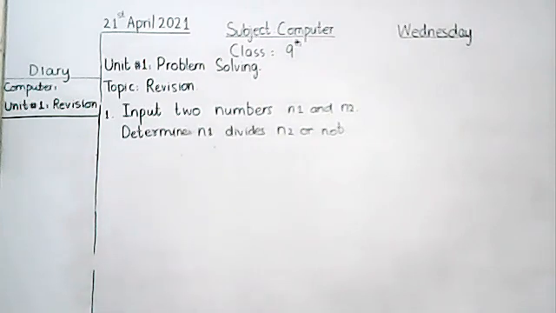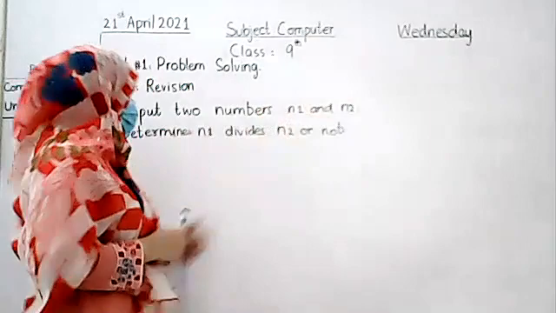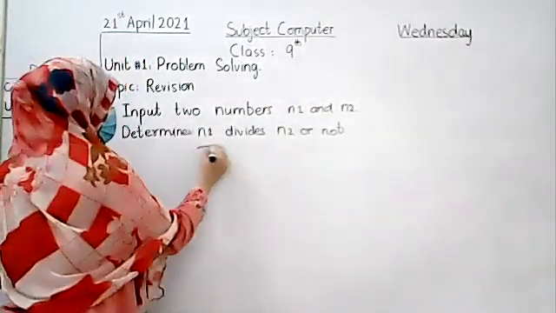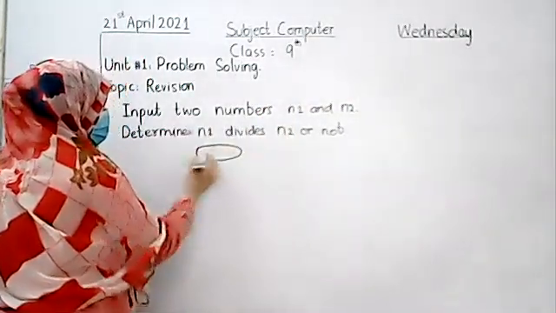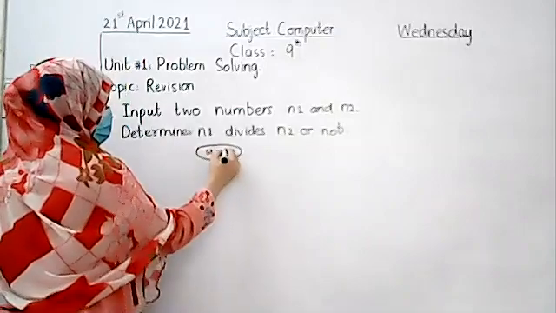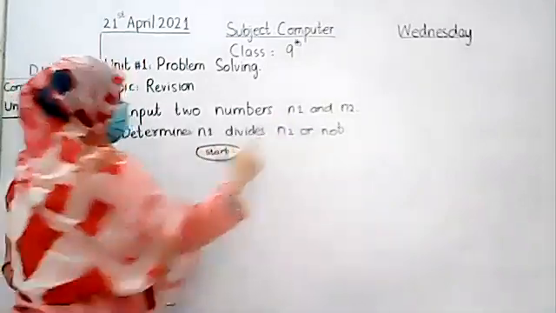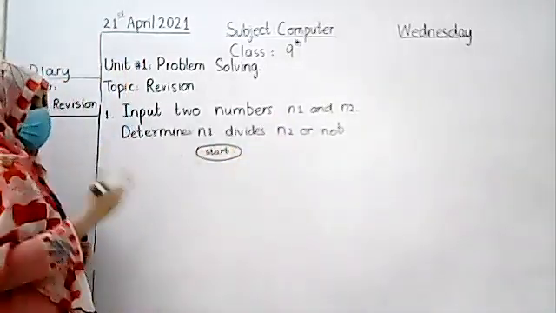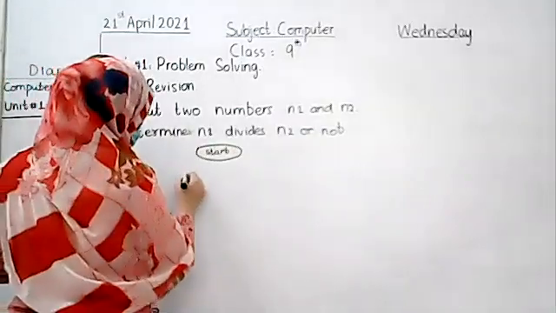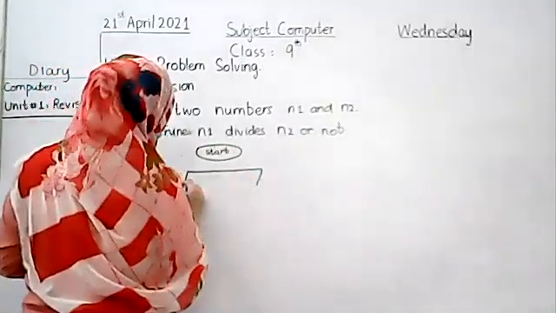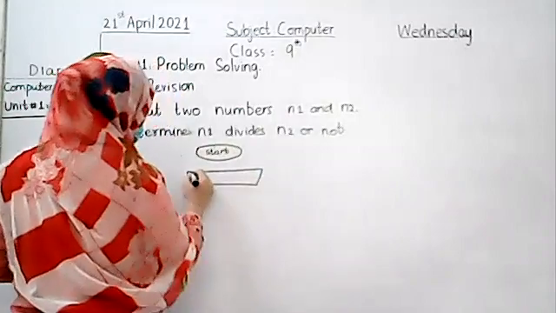Okay. First of all, we have to take two numbers, n1 and n2. So we will start with the oval shape, and then we will go for the input, meaning entering two numbers n1 and n2.